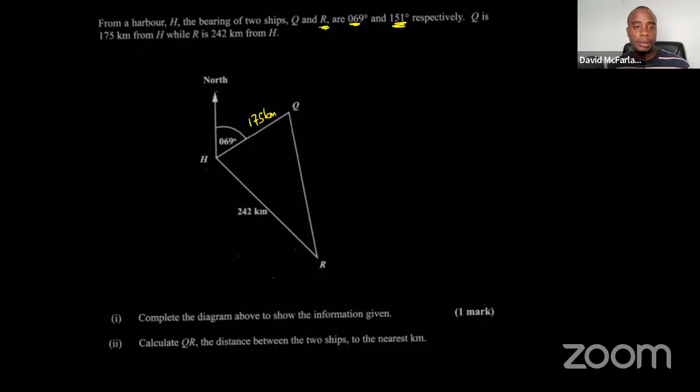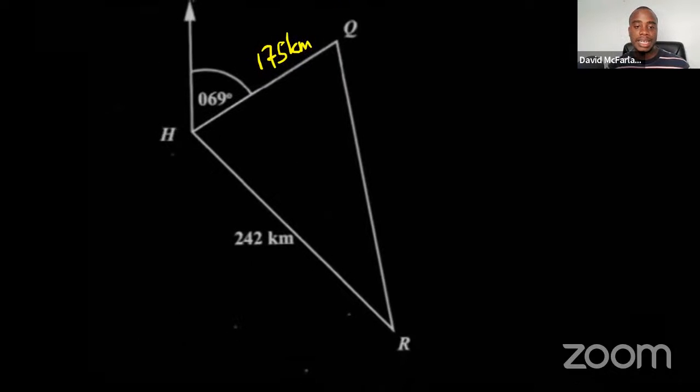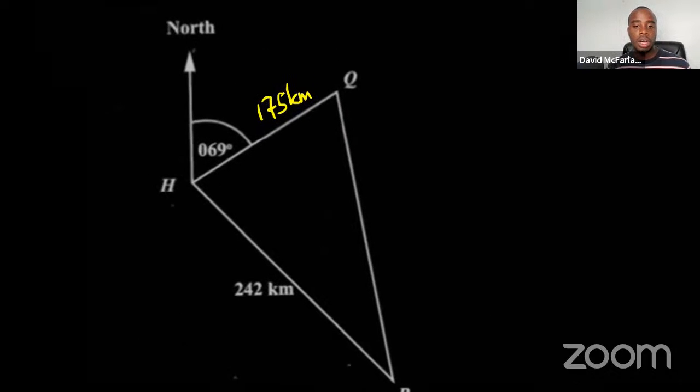So R would be on a bearing of 151 degrees from H. What does that mean? It means that we start at H and then we go all the way around to R. So all of this would be on a bearing of 151 degrees. Cool?